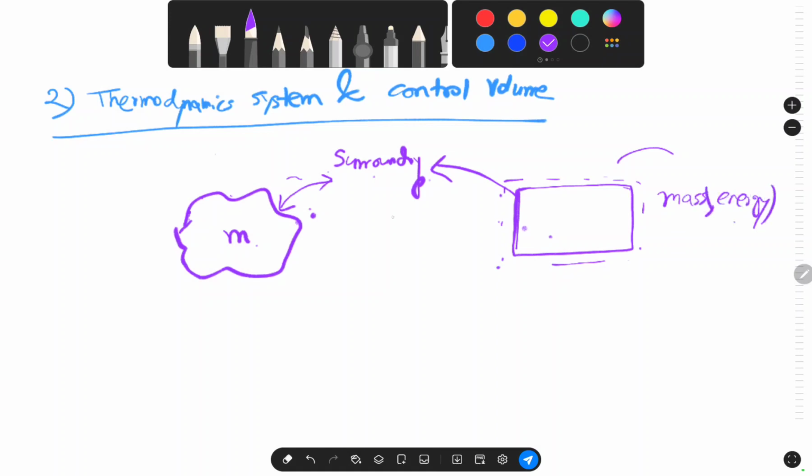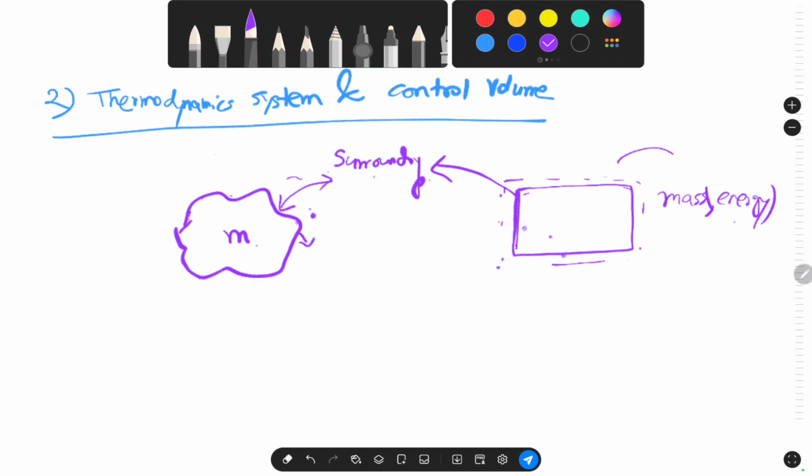Here energy means heat, work, or anything else. Its surface is known as the control surface, and the control surface may be fixed or movable.